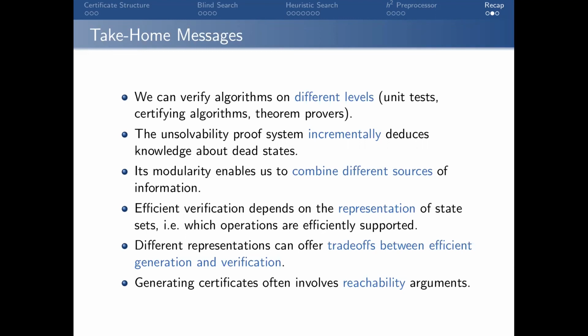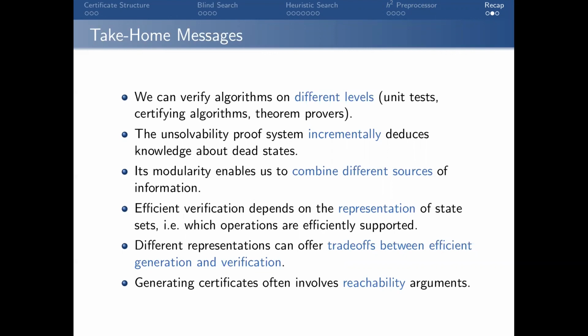The modularity of these proof systems enables us to combine different sources of information, so we can take different heuristics, we can add preprocessing, and so on. Whether or not such a certificate can actually be verified efficiently depends very much on the representation of state sets, or in an abstract sense, which operations these representations efficiently support.